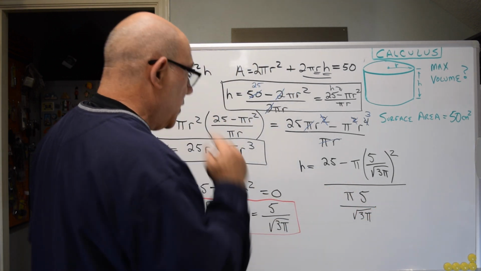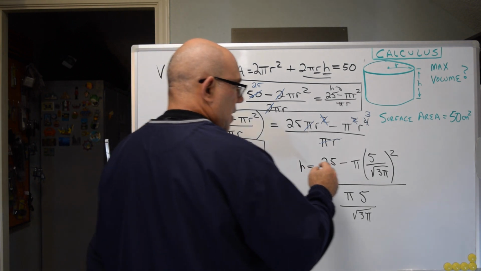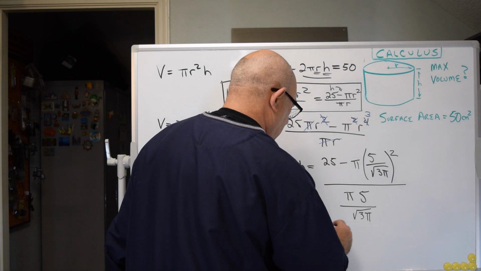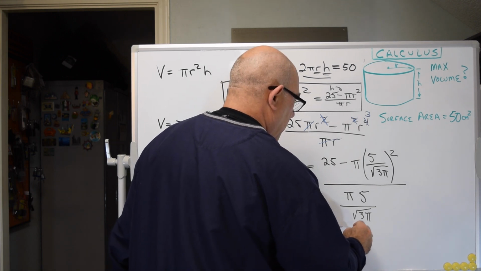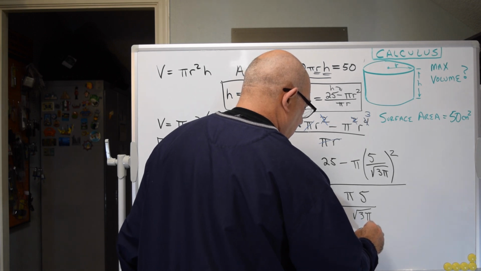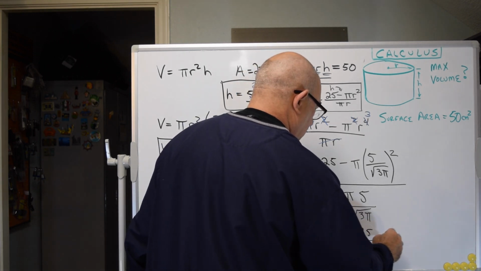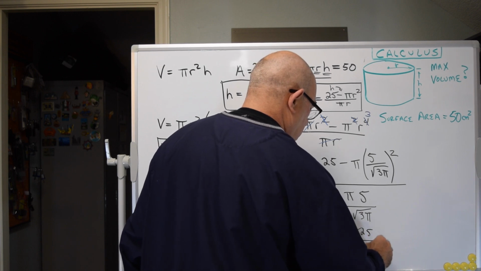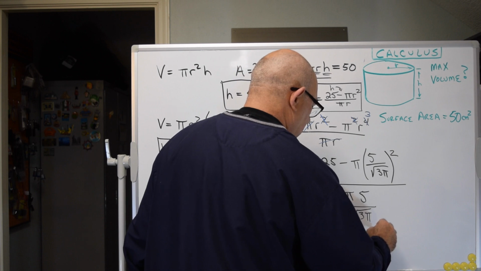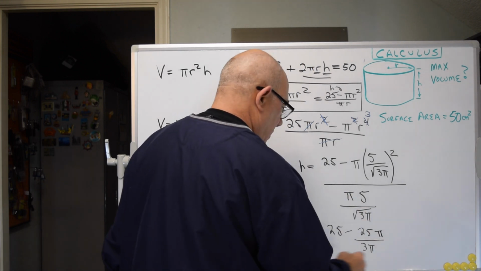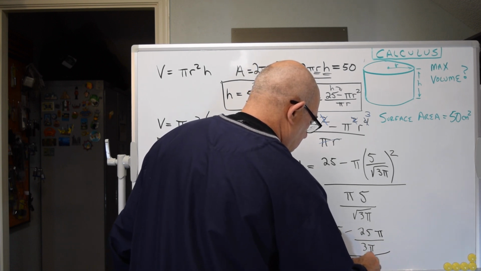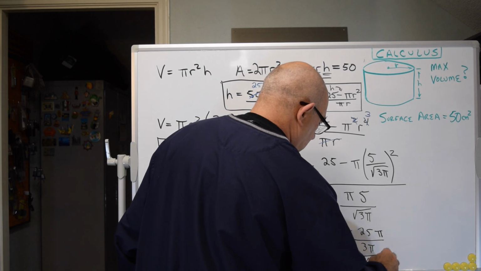Okay, so now we can simplify this, and that will equal 25 minus 25 over 3 pi, times pi, divided by 5 over the square root of 3 pi.